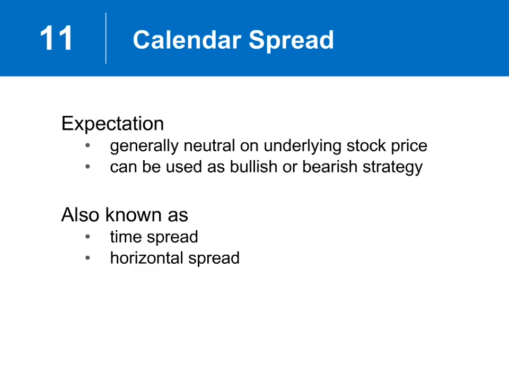So typically, we're neutral on the underlying. But as I mentioned, picking different strikes can allow us to be either bullish or bearish with the calendar spread. And as I'd mentioned, whether it's the calendar, the time spread, or the horizontal, they're all the same thing. The verticals and diagonals are certainly something else.